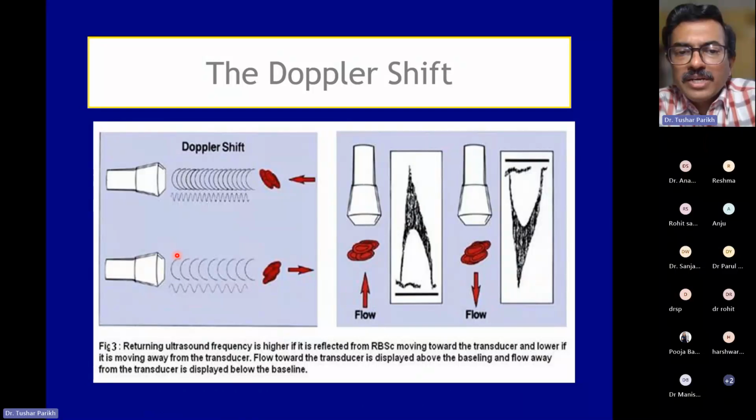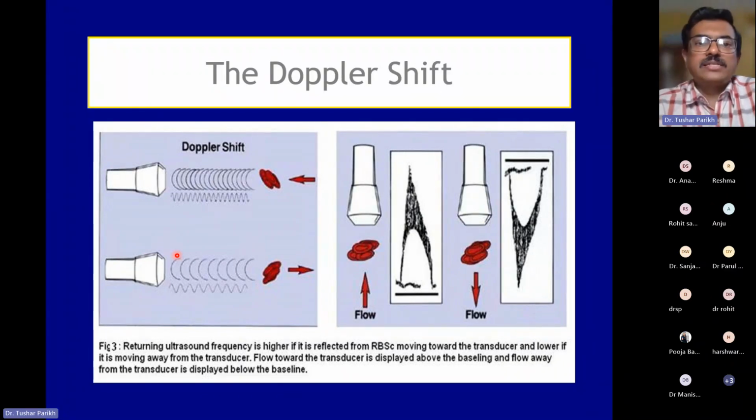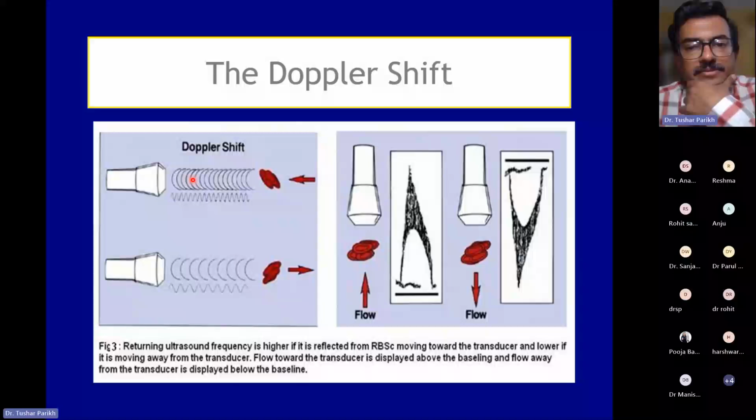If it is reflected from an object which is moving towards the probe, the frequency increases. And if it is reflected from RBCs which are going away from the probe, the frequency decreases, as shown here. This is called Doppler shift: the change in the frequency of the reflected waves depending upon the direction of the blood.